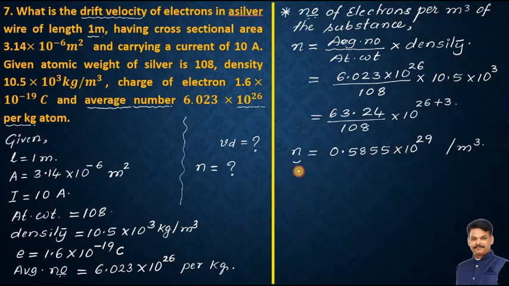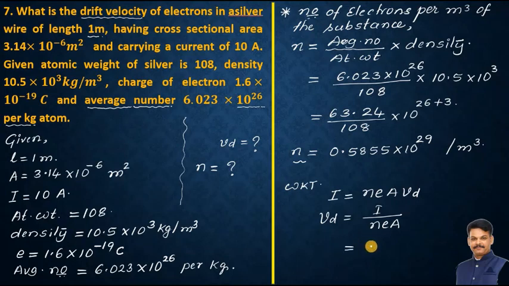Now once we get the n value, we can make use of the formula related to drift velocity. We know that the current due to the drift velocity of the electrons is represented by N E A into V_D. Therefore drift velocity V_D is I divided by N E A. Now you substitute the values. I is the current, given as 10 ampere here.